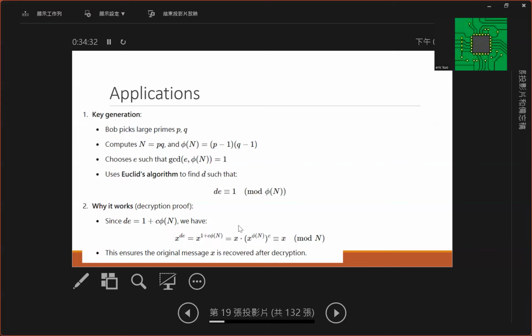Now it becomes x times x to the phi of n, to the c. Finally, we have Euler's theorem, which says any number x to the phi of n is 1 mod n. So it's 1 to the c mod n, which is 1. So this ensures the original message x is recovered after decryption. The proof basically uses the Euclidean algorithm and Euler's theorem. Combining these two number theory results, you get the RSA approach.